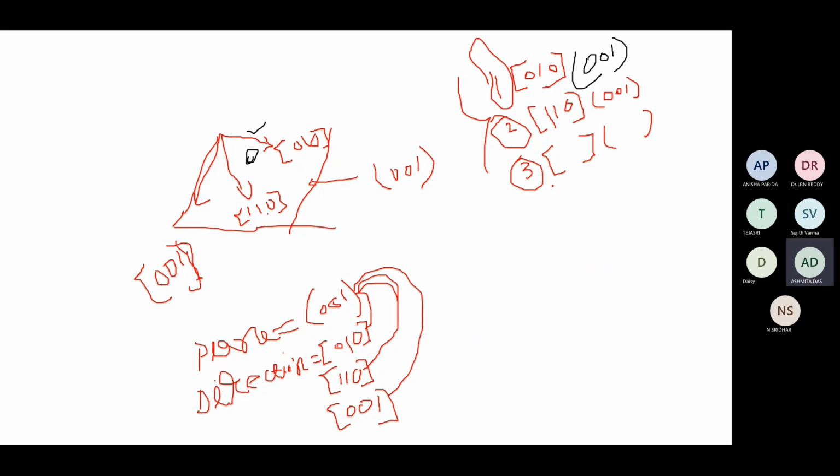What will be the third slip system denotation? 001 direction and 001 plane, right? These are the three slip systems. We can figure it out from the picture, as you can see.